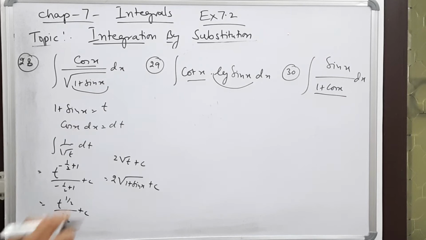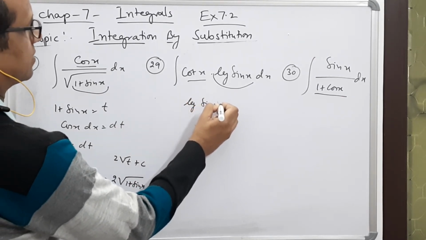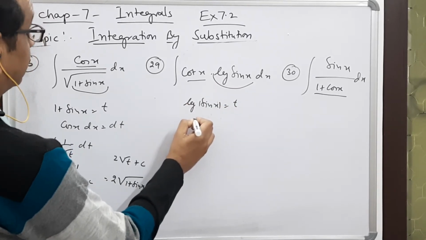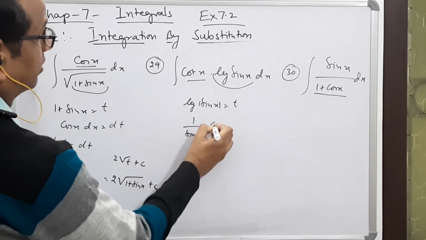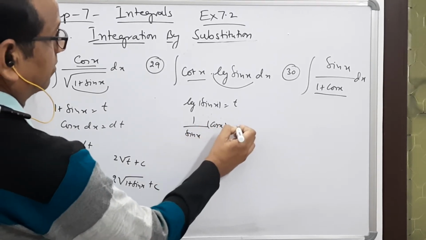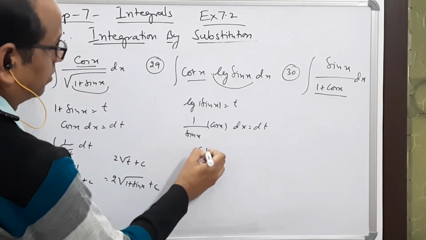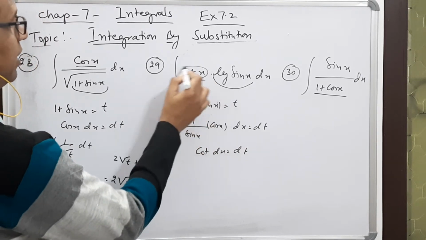In this, you take log sin x as t. So the derivative of this part is 1 upon sin x and the derivative of sin x is cos x, so cot x dx is dt, and it is already ready here.